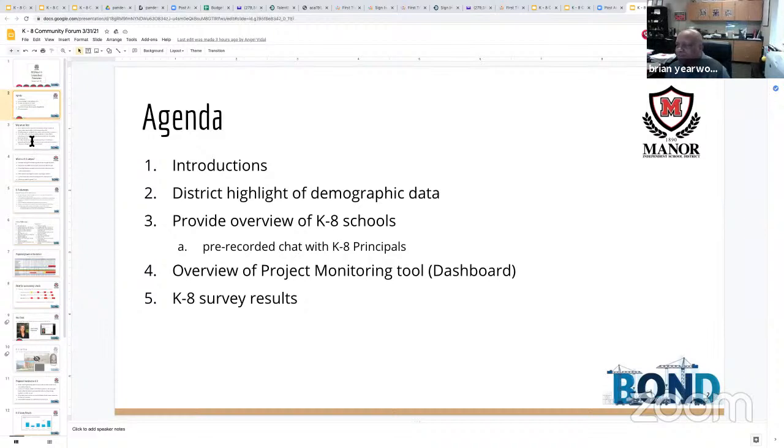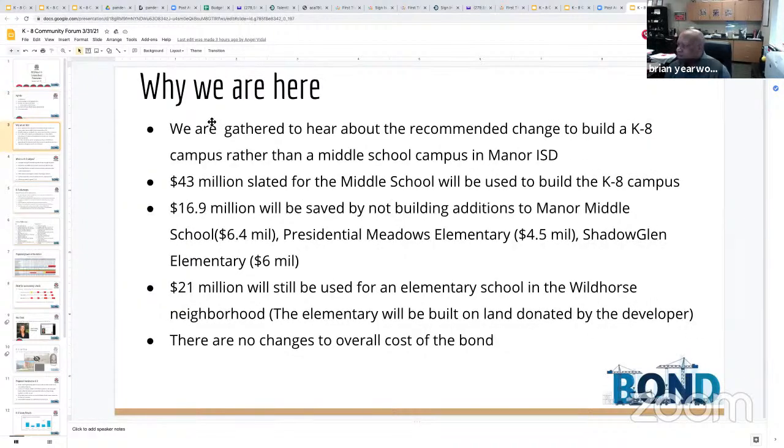So let's begin. Why are we here? We're here to talk about the recommended change to build a K-8 campus in Mena ISD. Again, like Dr. Spencer said, this is a recommendation. The school board has not made any decisions on it. The cost of the school will be $43 million, because we have already set aside $43 million in the bond for a middle school.